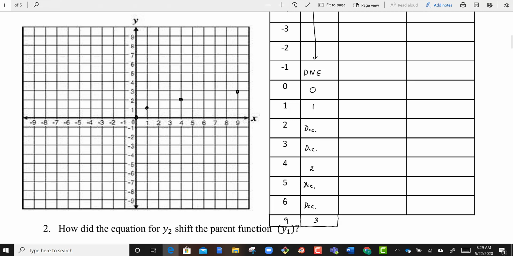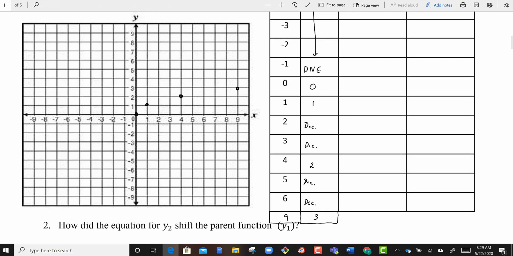So the square root of 0 is 0, but then for y2, we're going to multiply that number by 3. Of course, that doesn't change this number. Take the square root of 1, we get 1 times 3 gives us 3. The square root of 4 is 2 times 3 gives us 6. And the square root of 9 is 3 times 3 is 9.